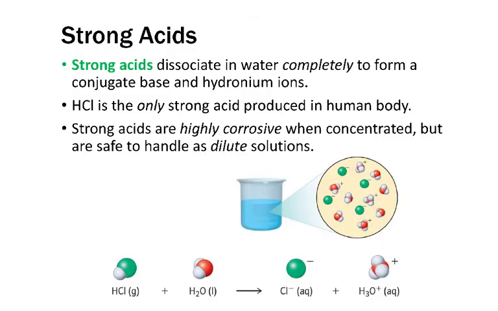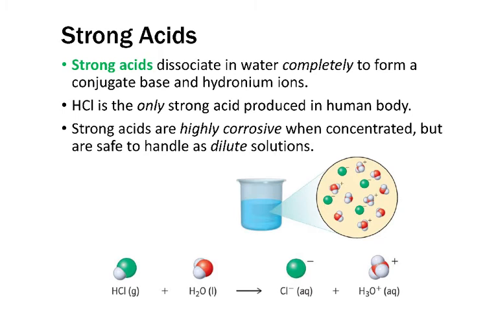So let's look more closely at these. Strong acids dissociate in water completely to form conjugate base and hydronium ion. HCl, incidentally, is the only strong acid that's produced in the human body. Normally these are very corrosive, very, very problematic. HCl is the gastric juices in your stomach.